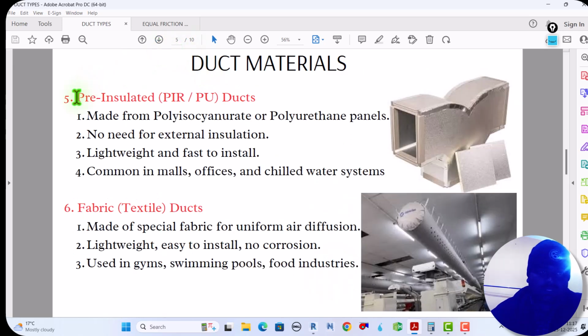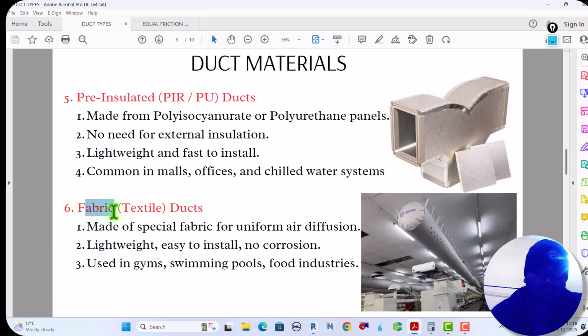The fifth is pre-insulated duct. This duct is already insulated with a lining of fiberglass insulation, so we just have to install it at the site. It is most commonly used in offices and malls.